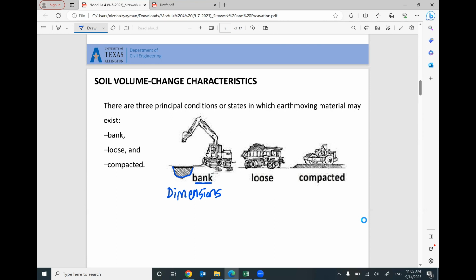We have three principal conditions for your soil. Once the excavator starts to excavate, this soil will be in a loose condition or loose state.